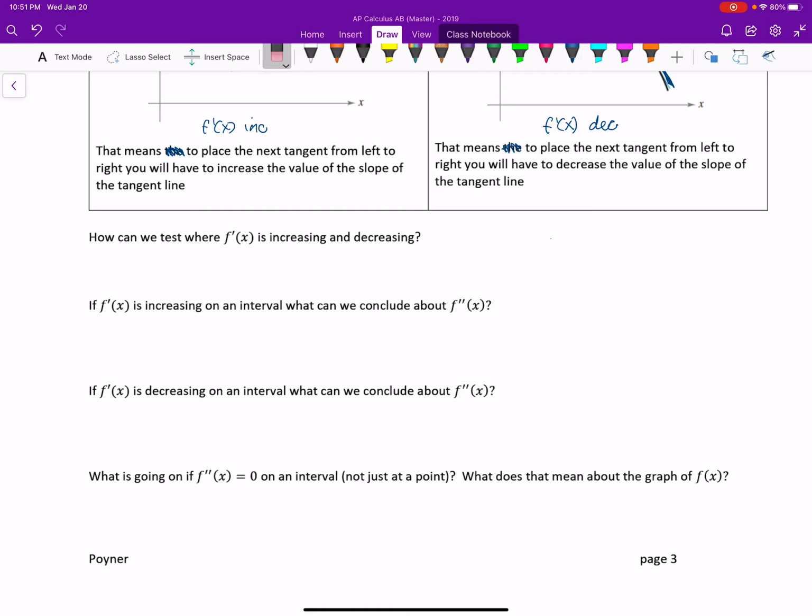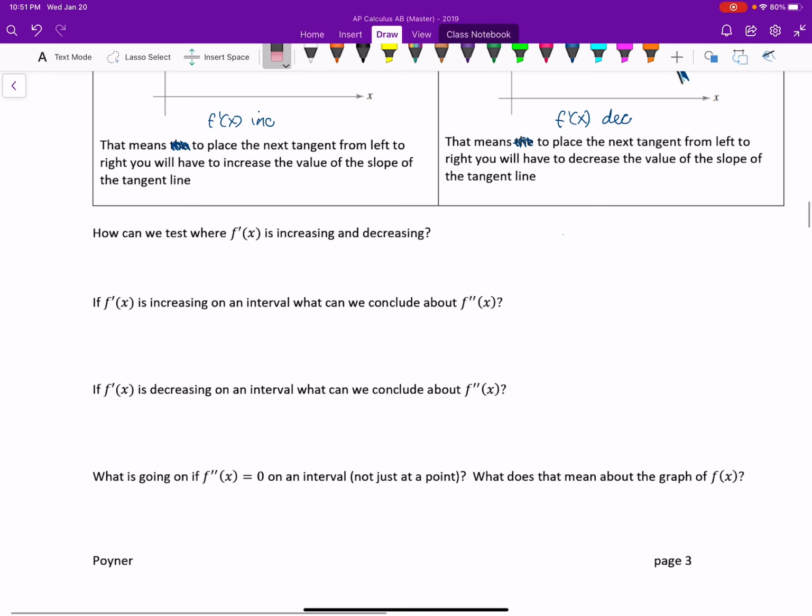Well, to test if a function is increasing or decreasing, we take its derivative. So the derivative of f prime becomes f double prime of x. So we're going to find f double prime.